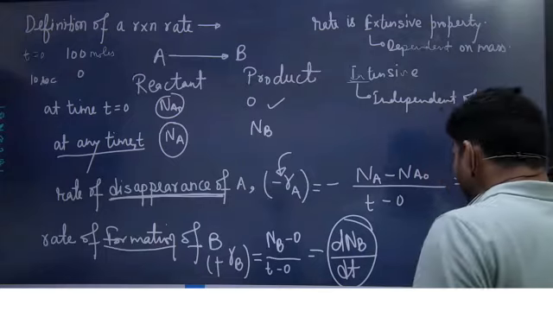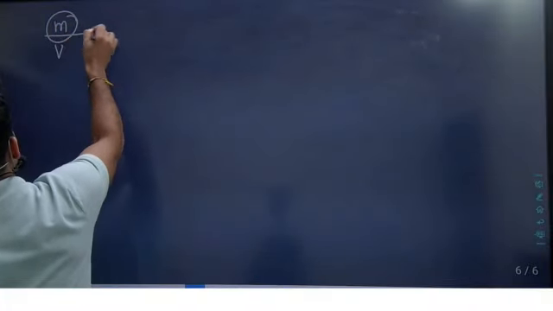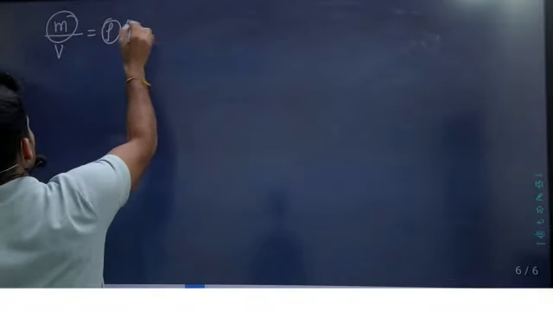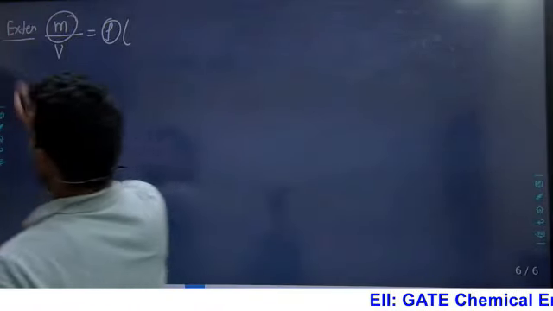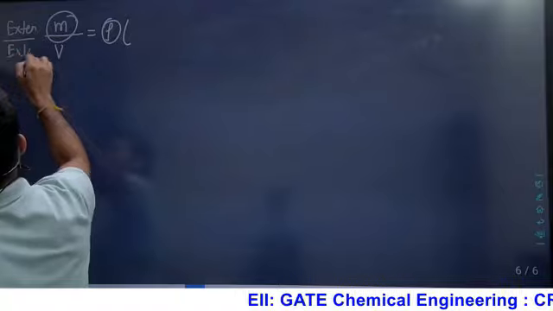To understand this, take the same example: mass divided by volume is the density. Mass is extensive, volume is extensive.